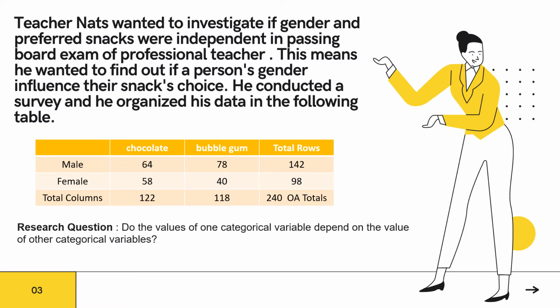With females, we have 58 who chose chocolate and 40 who chose bubble gum, and the total is 98 female participants. The total who chose chocolate is 122, and with bubble gum, 118. So the research question that can be derived from this sample research problem is: do the values of one categorical variable depend on the other categorical variable?